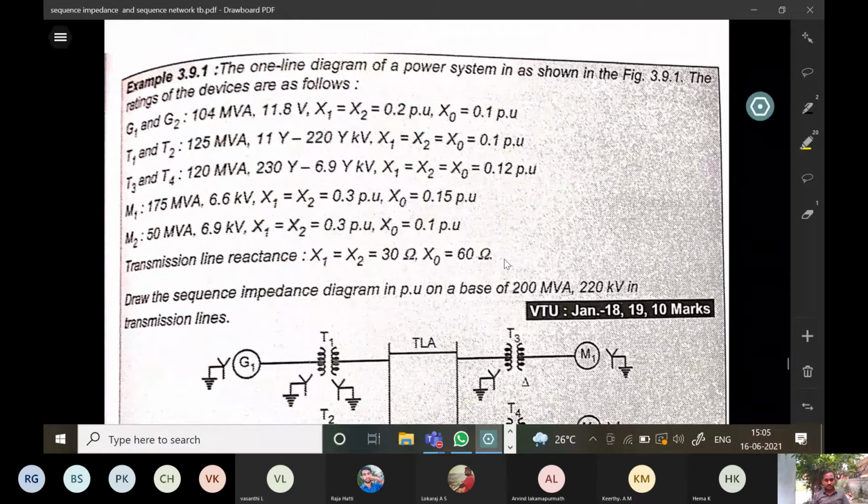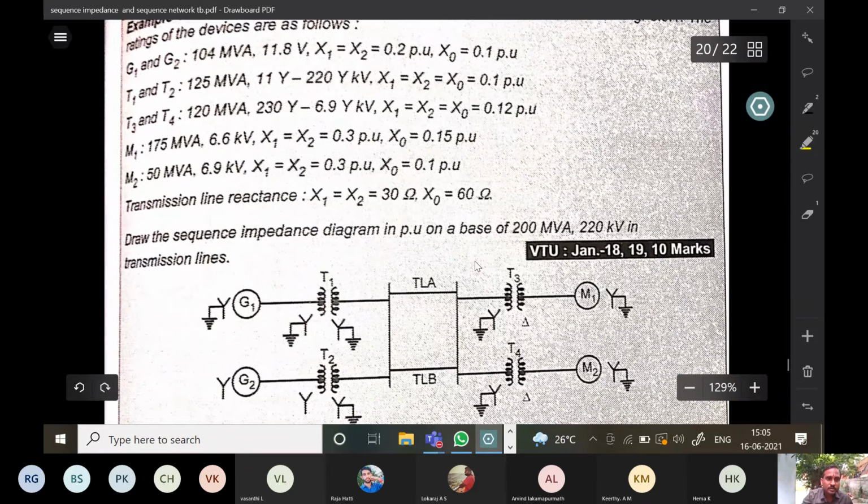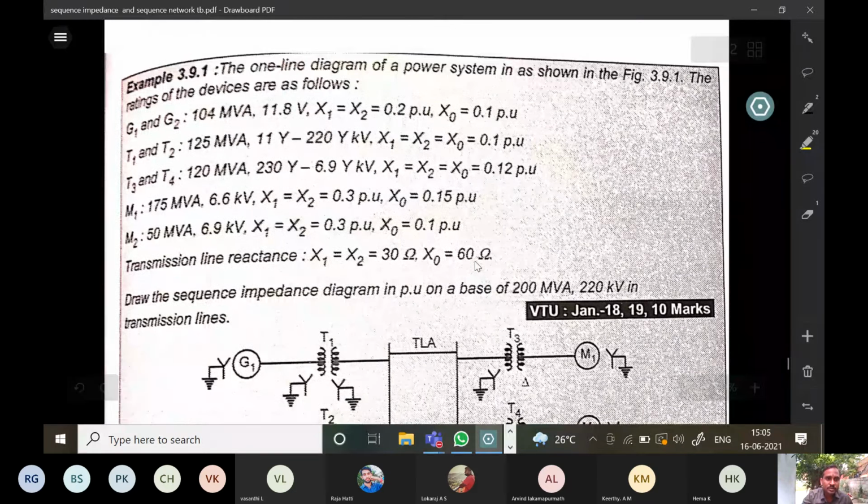So this is directly given in per unit. And T1, T2, T3, T4. T1 and T2 are 125 MVA, star 11 kV to 220 kV, X1, X2, X0 all equal to 0.1 per unit.